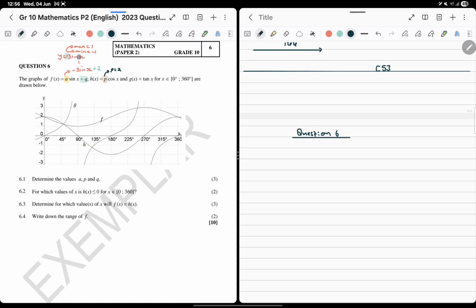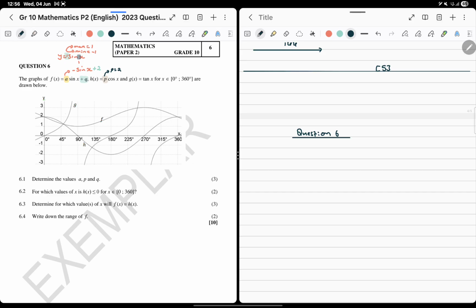That's all we needed, because maximum and minimum should be at 1 and minus 1. Now it's at 2 and minus 2. Otherwise, we can appreciate that this is the full cosine curve for a period of 360 degrees. So it is normal. We understand that. So we can leave that for now.